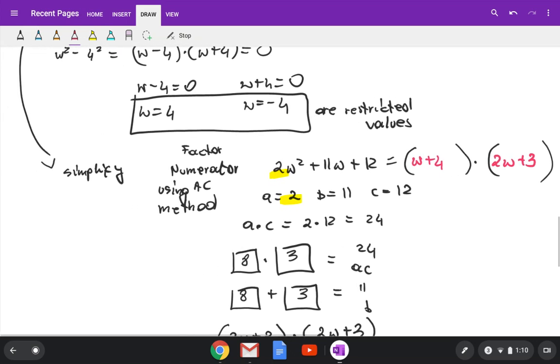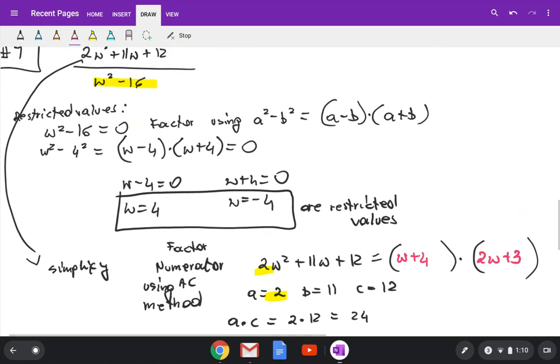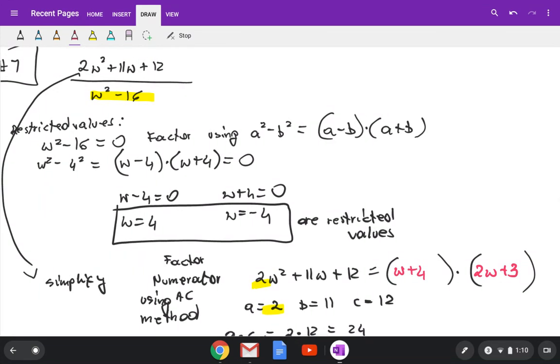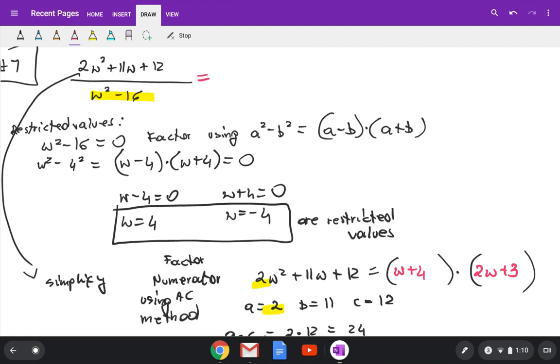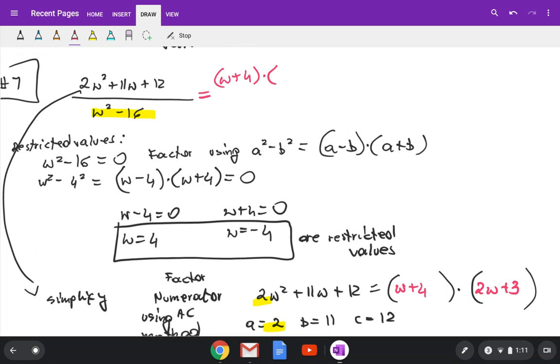So now we're ready to simplify. Okay, so we factor numerator, and our numerator is equal to w plus 4 times 2w plus 3.